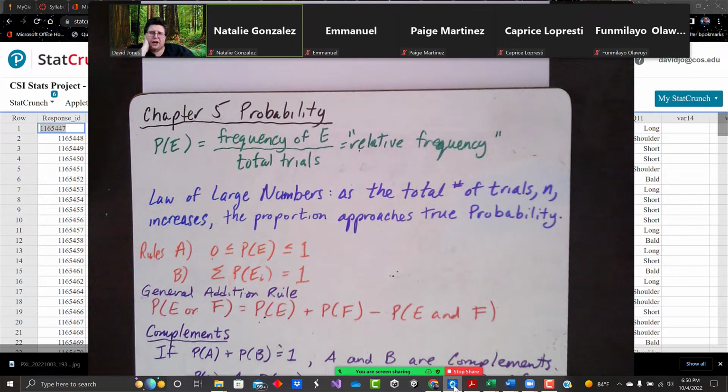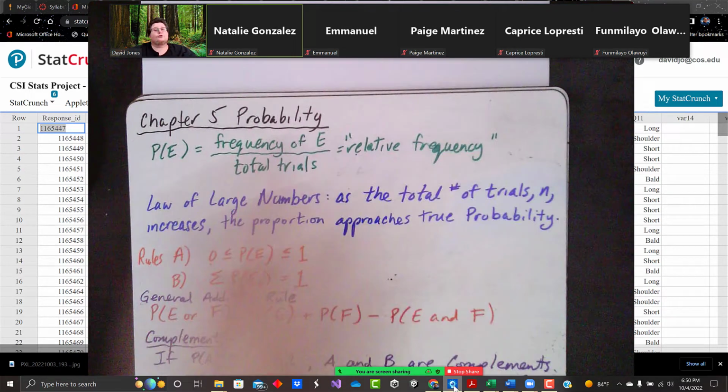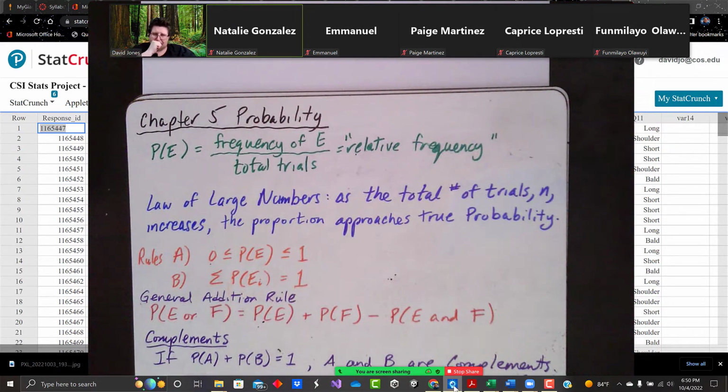We've talked about the law of large numbers. As the total number of trials goes up, the proportion, this proportion right here, approaches the true probability. This is handy in cases that we can't calculate the true probability by hand because it's not something that is known.